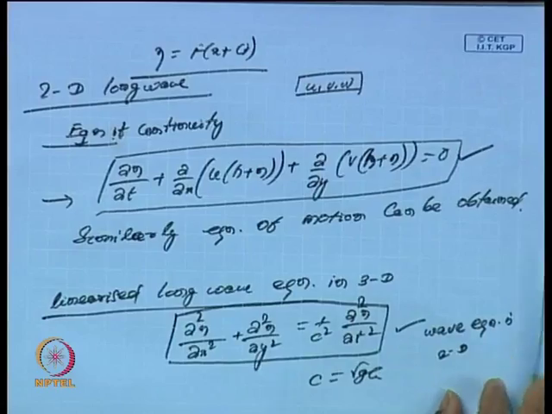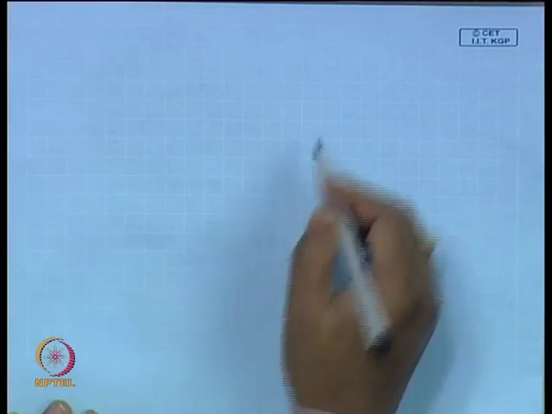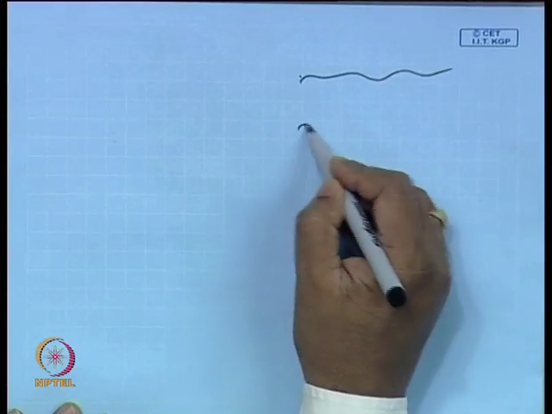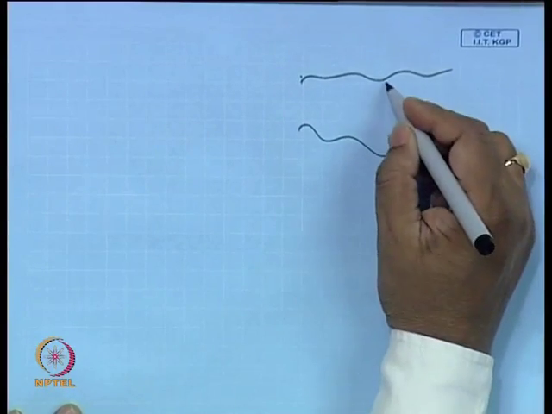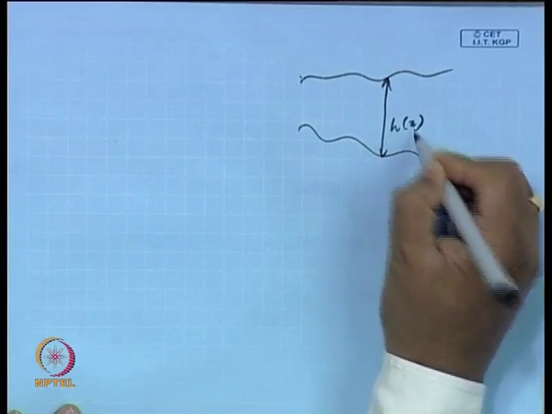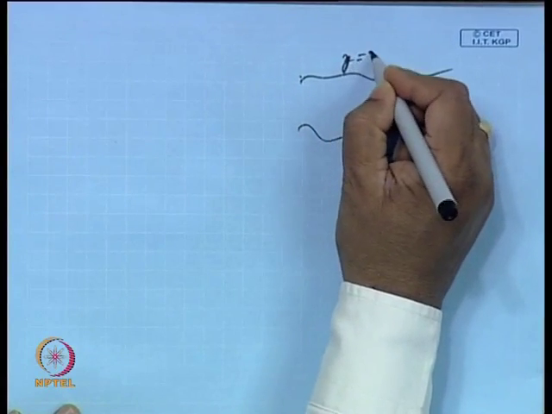Now, again I will think of another case, which is the case of variable topography. Suppose I say that I have h which is variable in x, and eta is equal to eta of x, t.